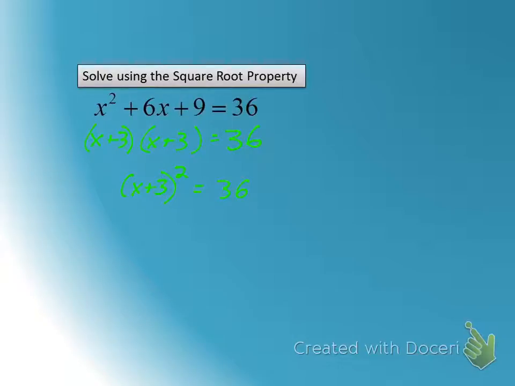Well, you could factor tree, but why do you factor tree? Because you're taking a square root. Okay? So square root both sides. Okay? So the square on the left-hand side, the square root and the square power cancel each other out. So you're left with x plus 3.